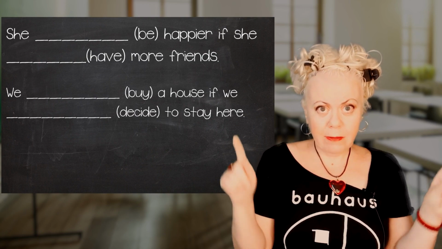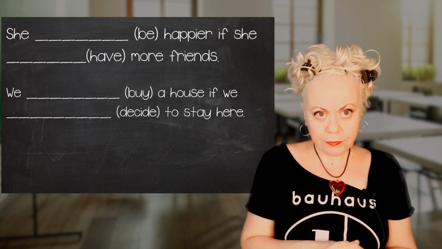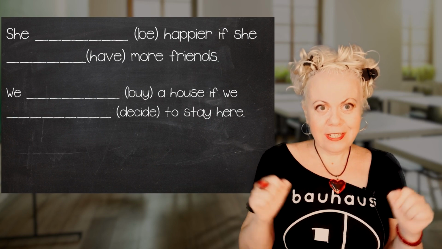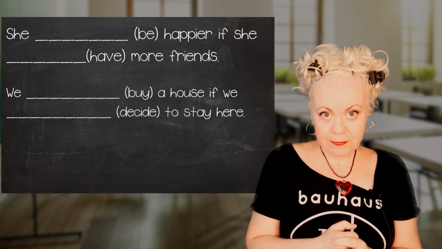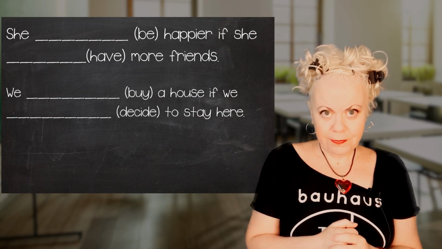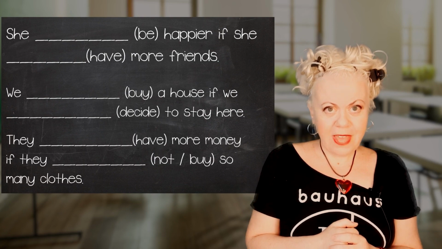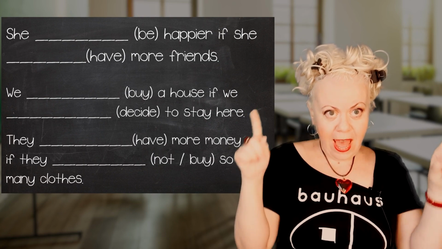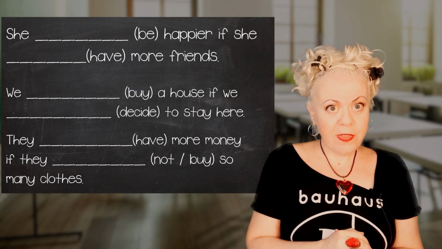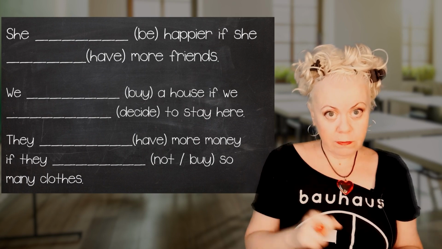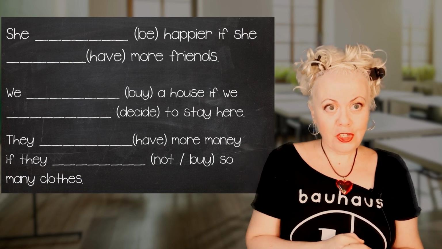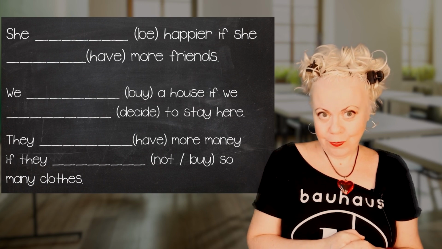We blank buy a house if we decide to stay here. They have more money if they not or buy so many clothes.